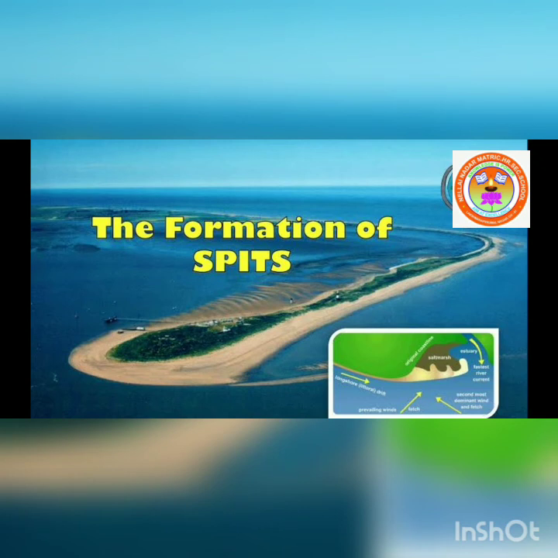A spit is a ridge or embankment of sediment attached to the land on one end and terminating in open water on the other end. Spits are common at the mouth of estuaries. Example, Kakinada spit.